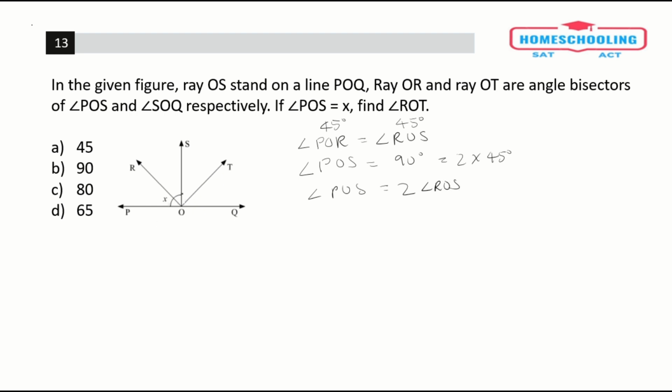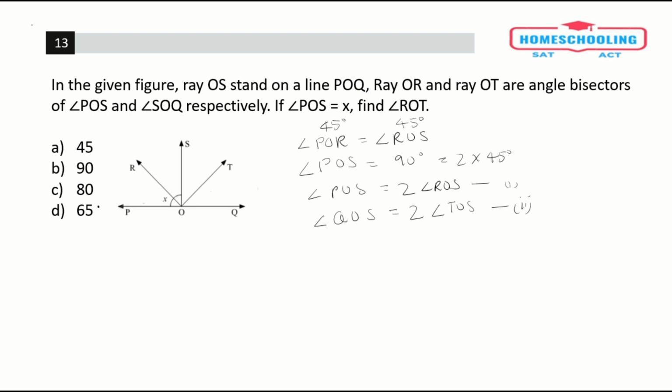This would be the first equation. Similarly, angle QOS is equal to twice of angle TOS. This is going to be our second equation.